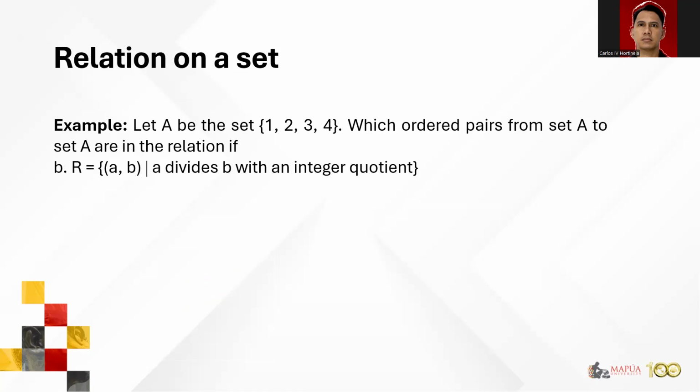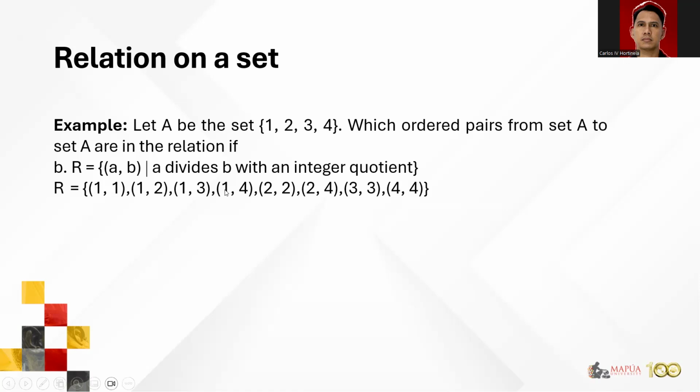So what possible ordered pairs can I have on my given relation set? You can only have the following ordered pairs. You could have 1, comma 1, 1, comma 2, 1, comma 3, 1, comma 4, because if I divide 4 by 1, the answer is an integer, right? B over A. You could have 2, comma 2, 2, comma 4, 3, comma 3, and finally 4, comma 4.